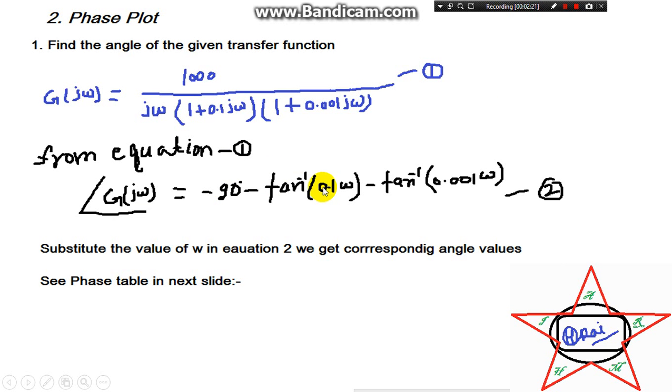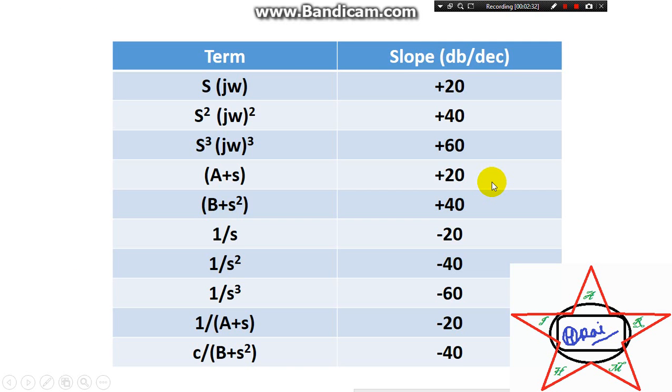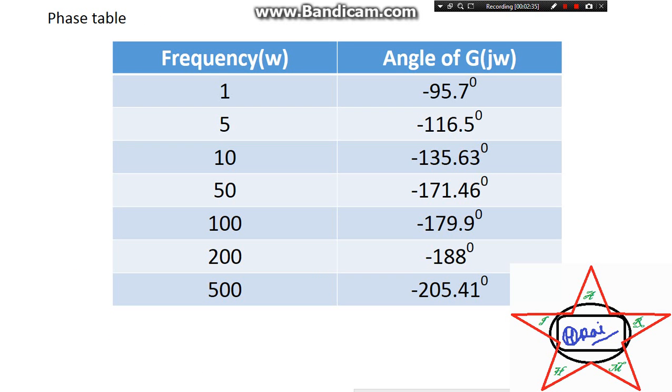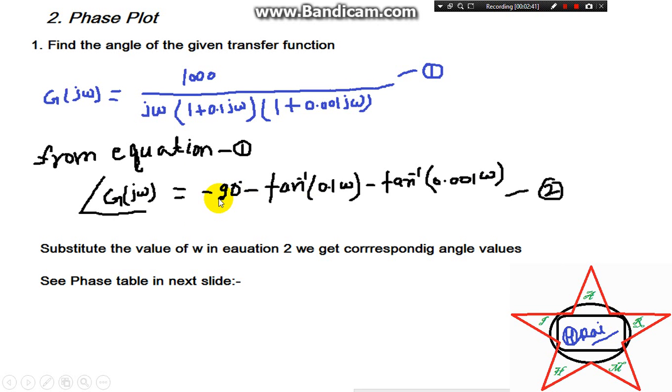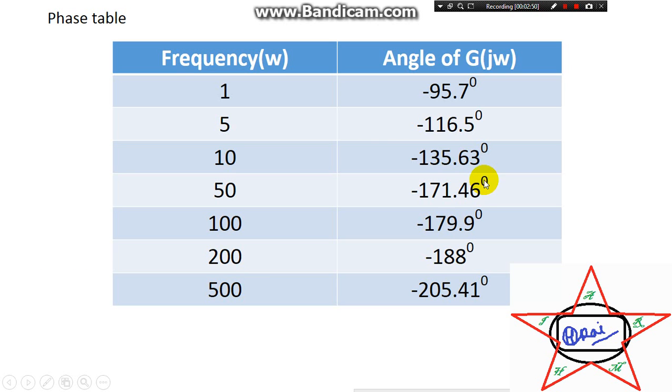Now look here, if we put omega equal to 1, what will happen? Minus 90 degree minus tan inverse of 0.1 into 1, minus tan inverse of 0.001 into 1, and we get angle minus 95.7 degree. Similarly, if we put 5 in the previous equation, it will be minus 90 degree minus tan inverse of 0.1 into 5 minus tan inverse of 0.001 into 5, and we get minus 116.5 degree.